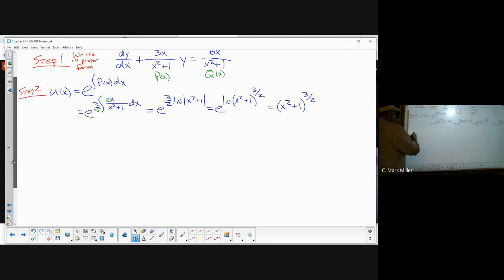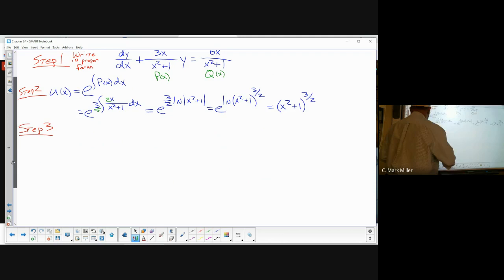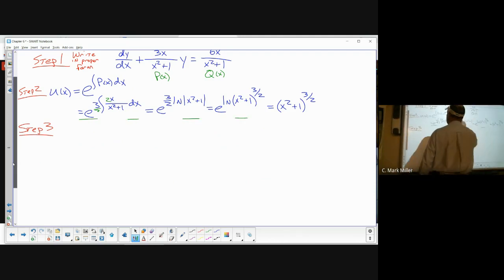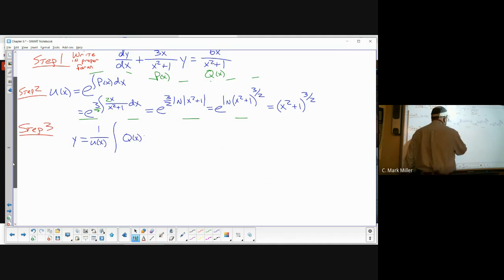Now step 3, you plug it into our general formula, which is y equals 1 over u of x, integral q of x u of x dx.